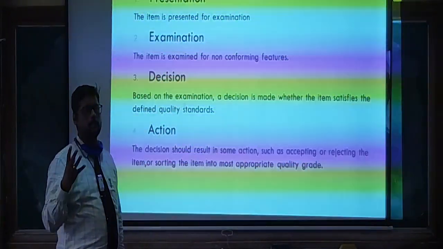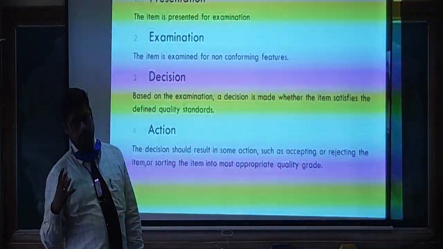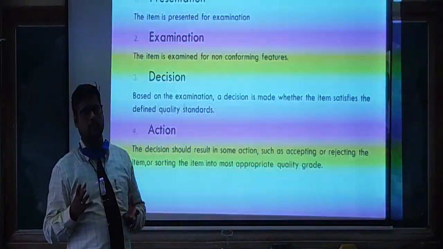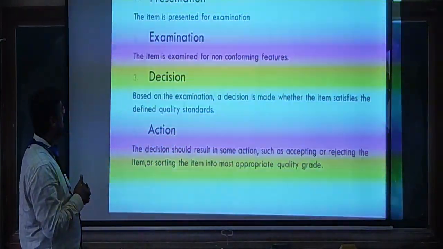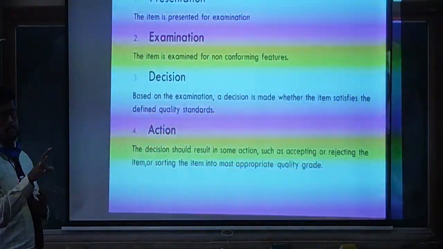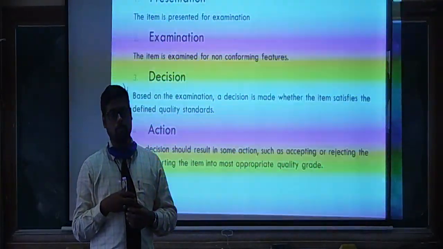So first is the inspection. How are you going to inspect that? It may be a visual inspection, checking whether a casting defect is there on the surface of the casting or not. Those come under presentation. The item is presented for the examination: that cast part is presented for visual inspection.